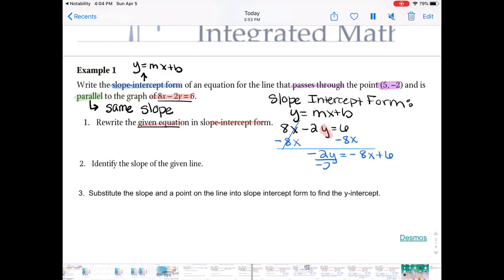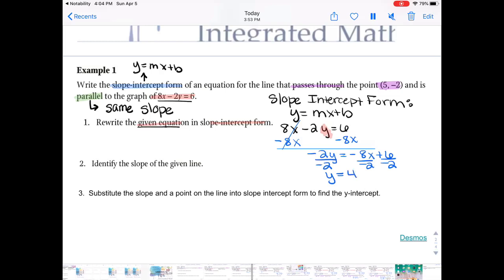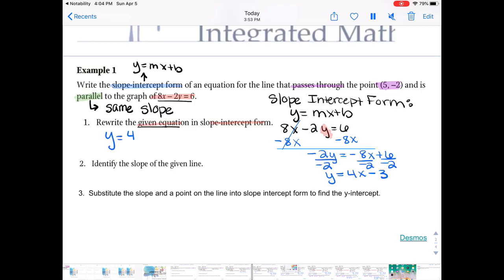Now we can divide everything by -2. So y would equal negative 8 divided by -2, which is a positive 4x, and then minus 3, 6 divided by -2. So y equals 4x minus 3.